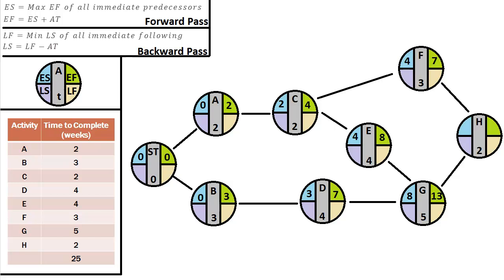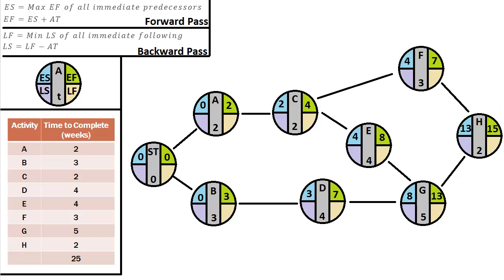The maximum of those two is 13, so therefore we put 13 in the earliest start for H. And there we go. So let's go ahead and do our earliest finish for H, and that's 13 plus 2, which of course is 15.